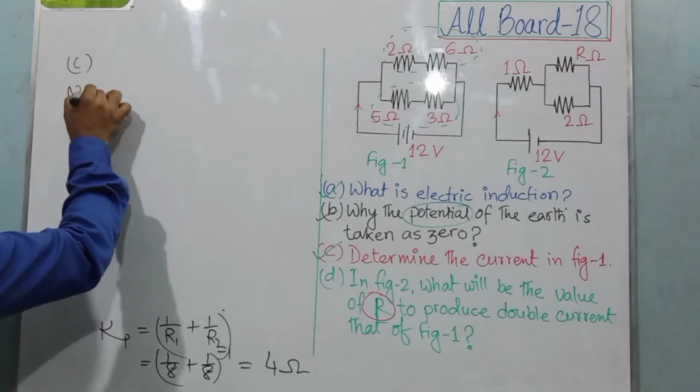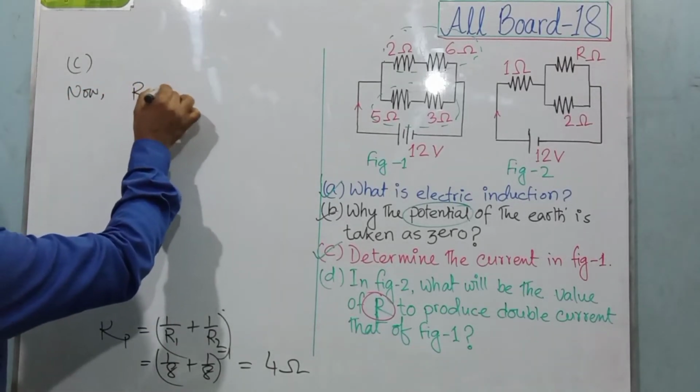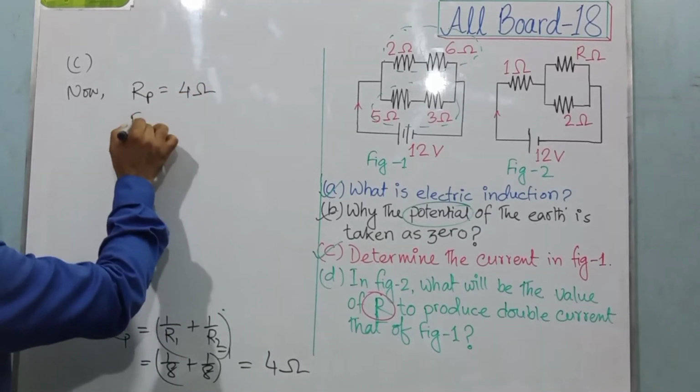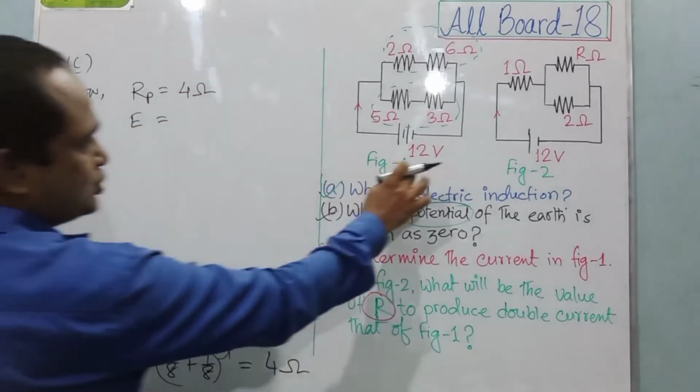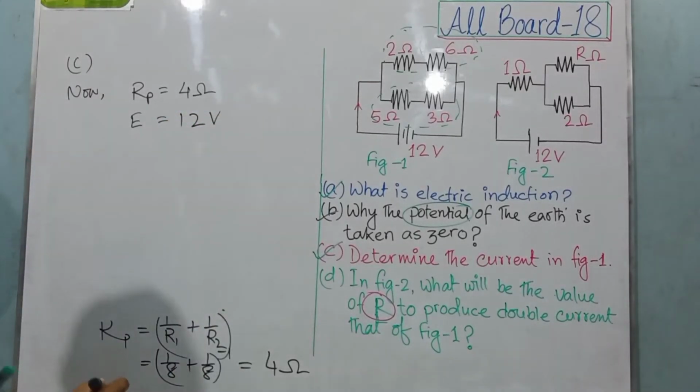Now we can write equivalent resistance Rp is equal to 4 ohm, electromotive force E is equal to 12 volt, right?